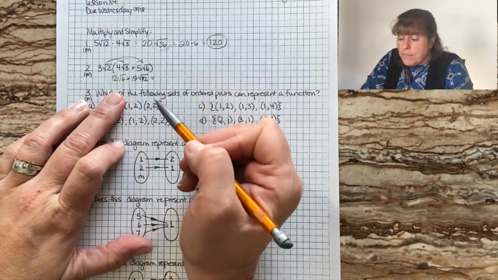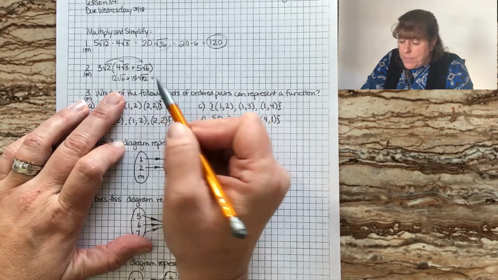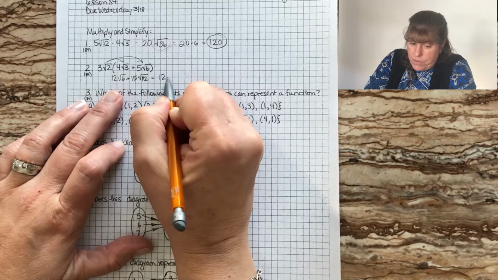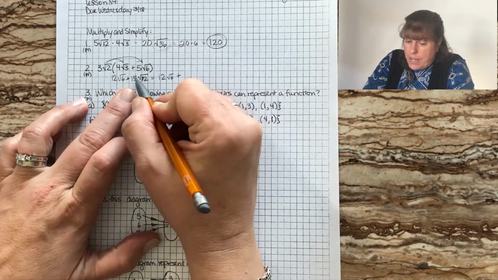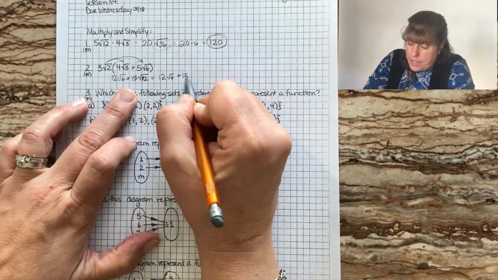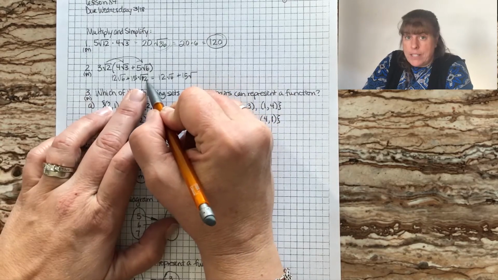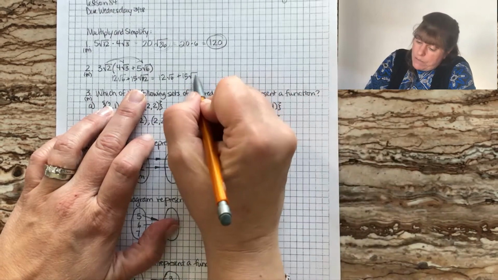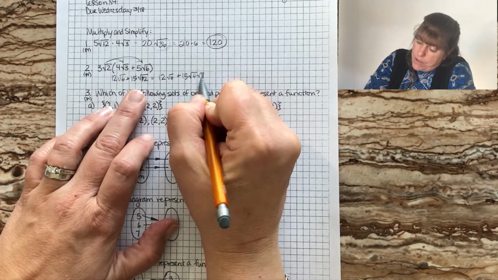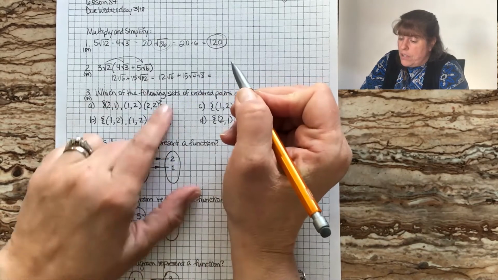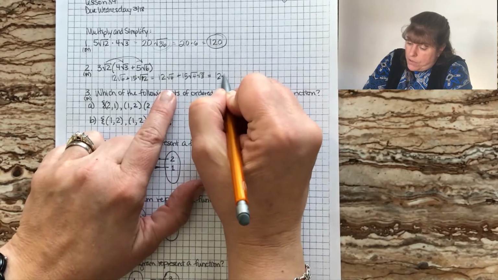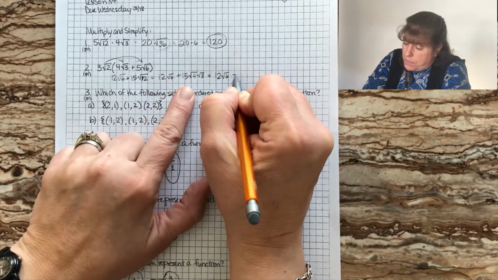Are these like terms? No, I cannot add them yet, but I have to reduce this anyway. So I'm going to put 12 square root of 6, and then I'm going to put 15 times the square root of, I'm going to break this into 2 factors, one being a perfect square and one not. So I have 4 and 3. Hopefully this is coming back to you and you're remembering how to do this. So I've got 12 square root of 6 minus, oh, sorry, that's a plus.